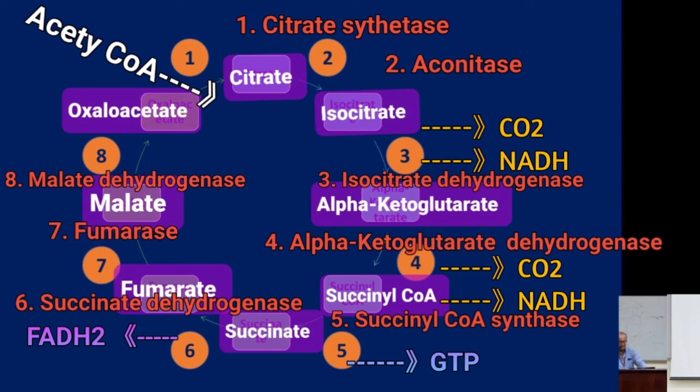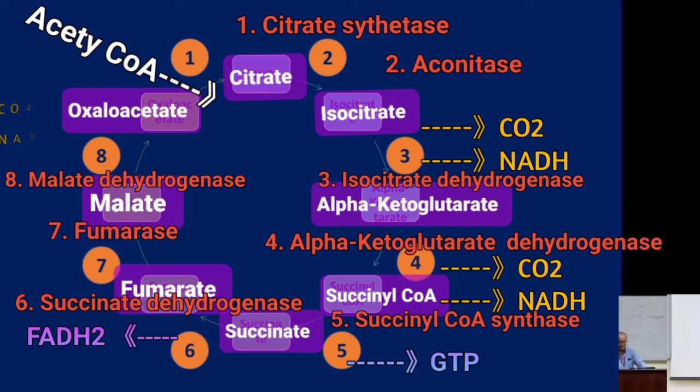Then step 6, succinate dehydrogenase produces FADH2 and fumarate, then malate by fumarase, and malate to oxaloacetate by malate dehydrogenase to produce NADH.